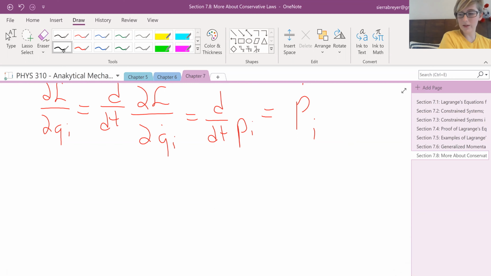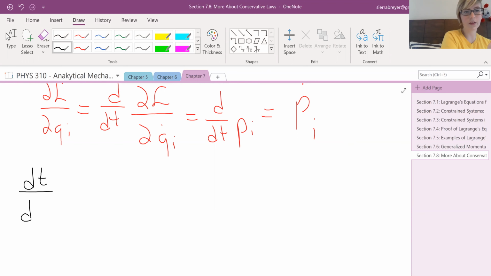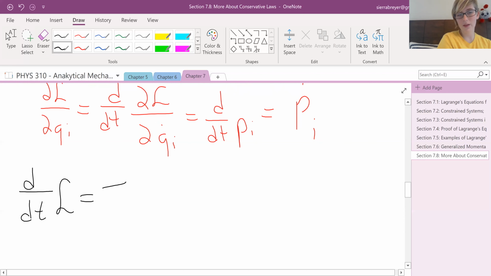So we get that if we were to take the time derivative of the Lagrange, I'd definitely put the t on the wrong part of that. There we go. It's better now. Okay.